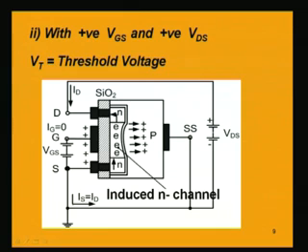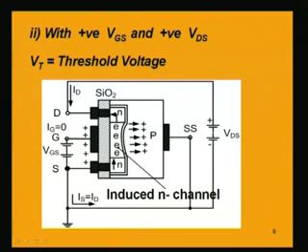Now, as there is a positive voltage between gate and source, this positive terminal will be repelling the majority charge carriers in the P type semiconductor.